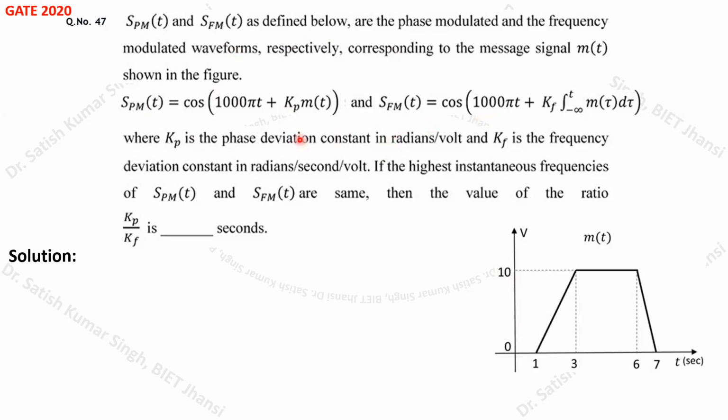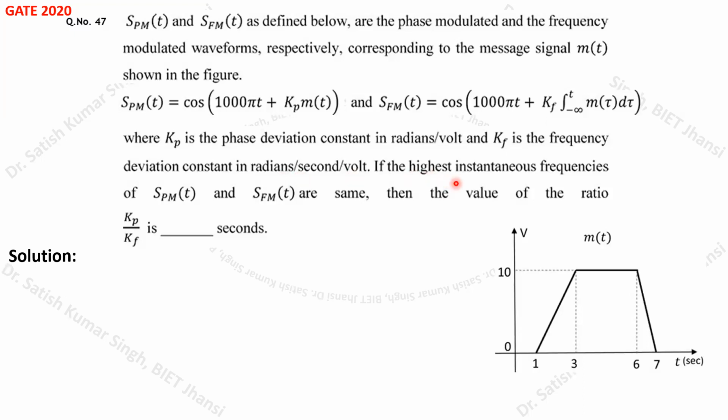SPM(t) is cos(1000πt + kp m(t)), and SFM(t) is cos(1000πt + kf ∫ from −∞ to t of m(τ) dτ), where kp is the phase deviation constant in radians per volt, and kf is the frequency deviation constant in radians per second per volt.